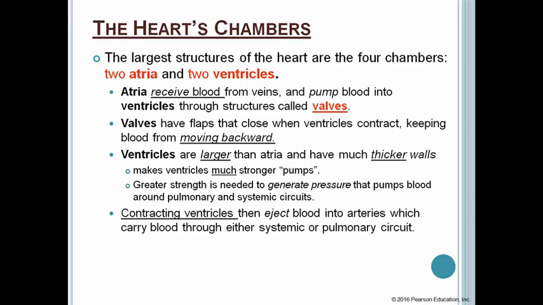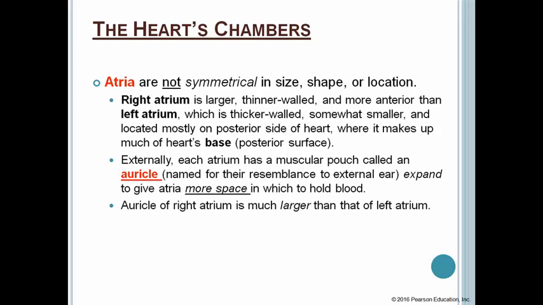So that generation of pressure is necessary for both the pulmonary and the systemic circuits to function correctly. So when the ventricles are contracting, we know blood is ejected out of the ventricles into the arteries that are either going to take it via the pulmonary circuit to the lungs or the systemic circuit out to the tissues.